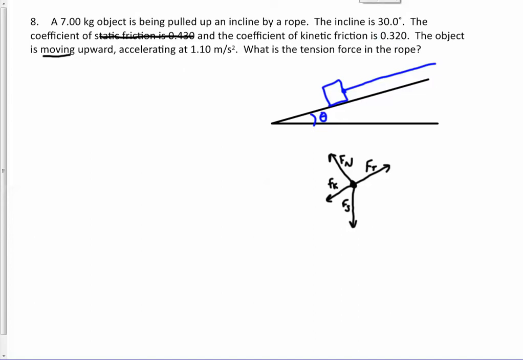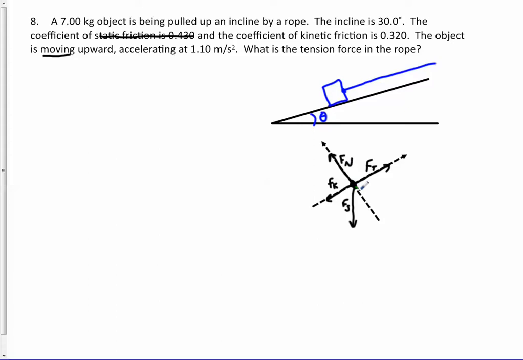Okay. Now, as usual, we can put a tilted coordinate system on here when we're on an incline. That's always what we do, as shown. And gravity then is the only, quote, diagonal, unquote, force. And so we split up gravity into horizontal and vertical components.